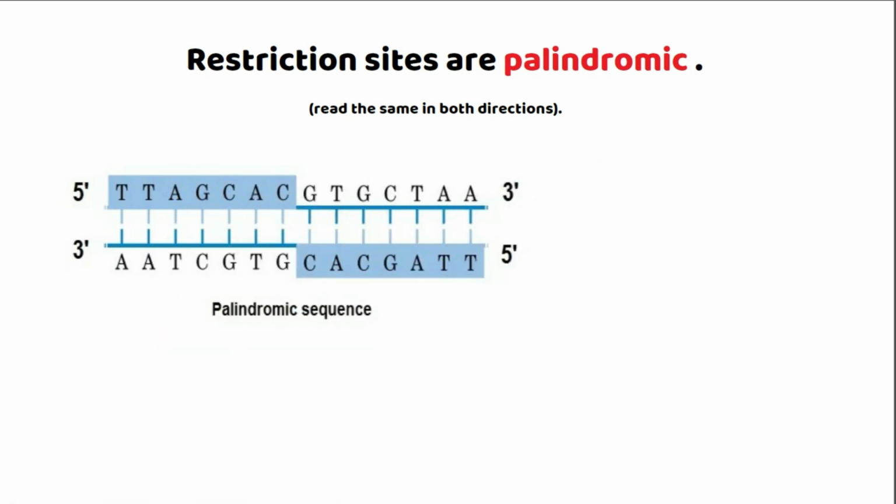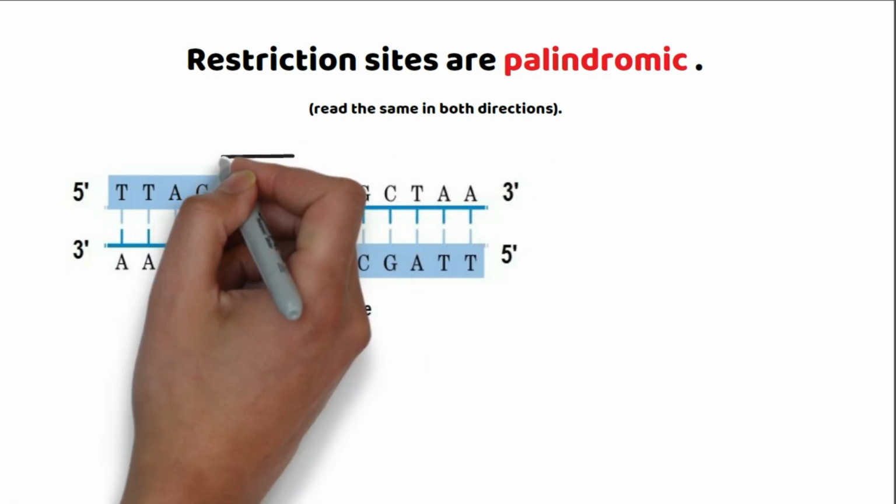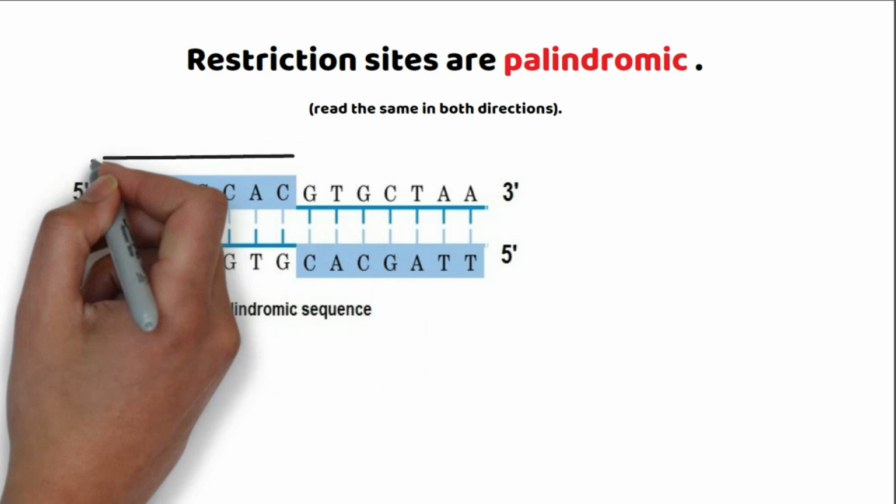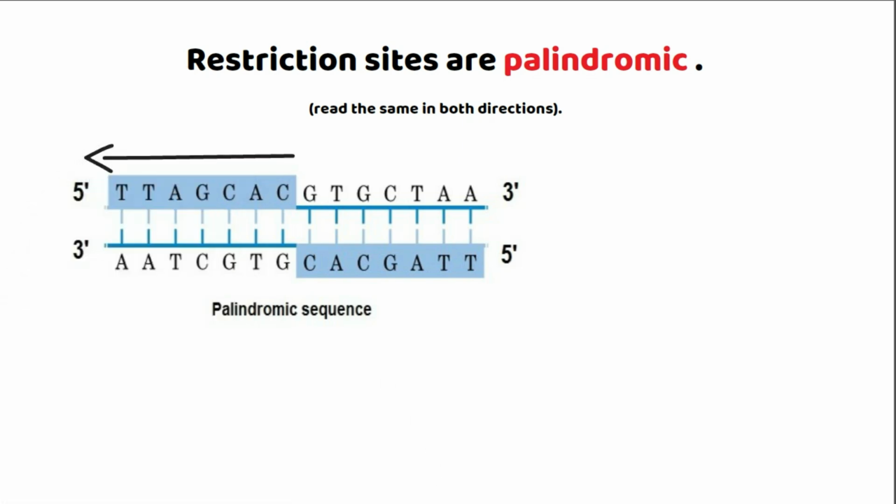Look here at this palindromic DNA sequence. When a restriction enzyme recognizes this piece of nucleotides, it cuts between C and G and leaves sticky ends.